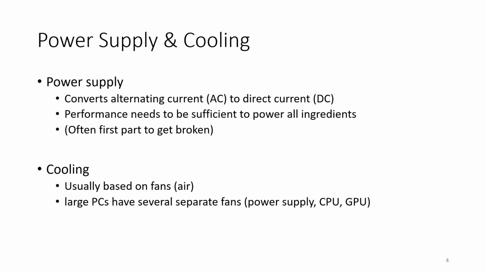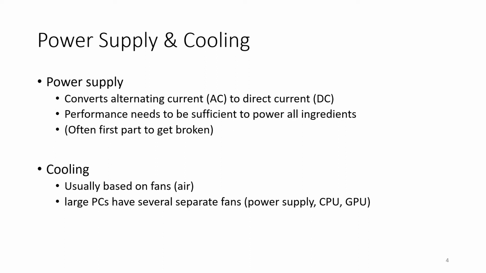The power supply is very simple. It converts the AC to DC, and it simply needs to be sufficient to power all the components. So if you assemble a computer yourself, make sure that your power supply is sufficient to provide the power to all the different pieces you're putting in there.